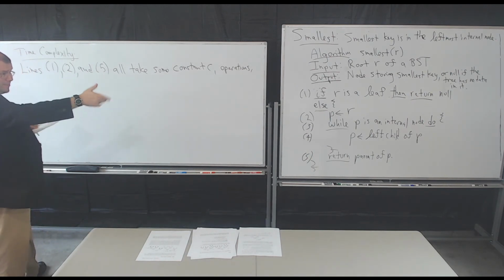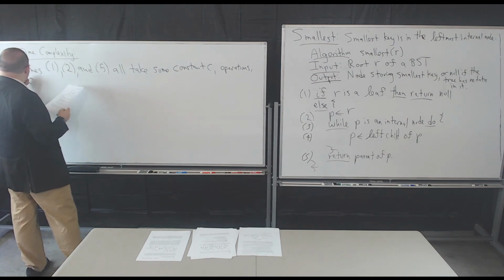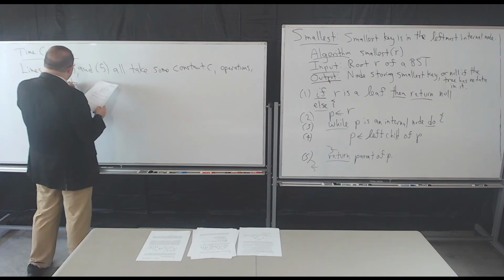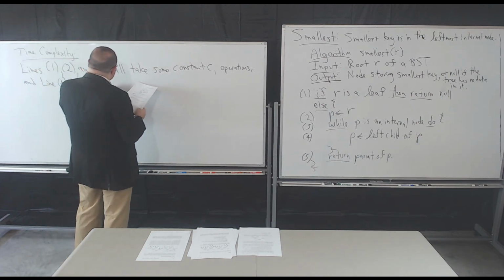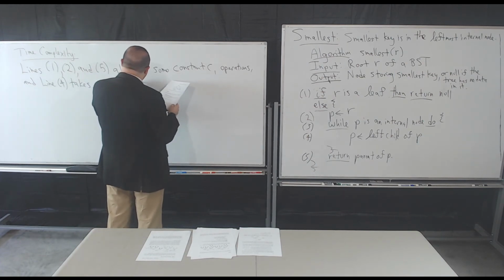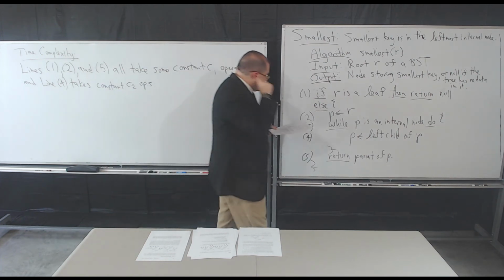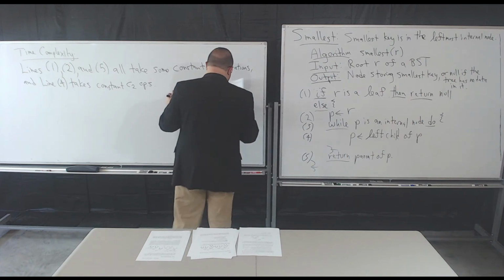Just constant time, right? To get the left child, it takes constant time. Okay, so however, what's 4 in? It's in a while loop, right? So we have to determine what's going on with that.